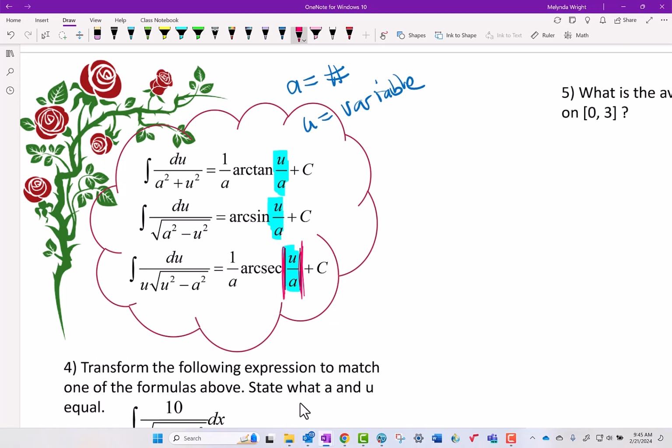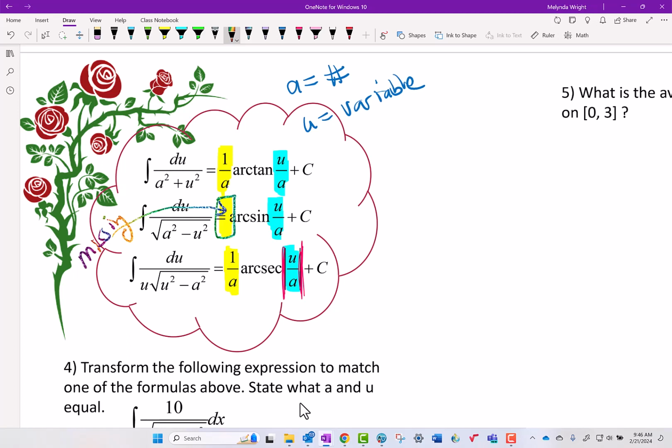I want you to notice the number in front. This one has a 1 over A, arctangent. Arcsine does not. Arcsecant does. So as you're memorizing, keep in mind that arcsine is missing the 1 over A out in front of it. Okay, so these are the inverse trig.